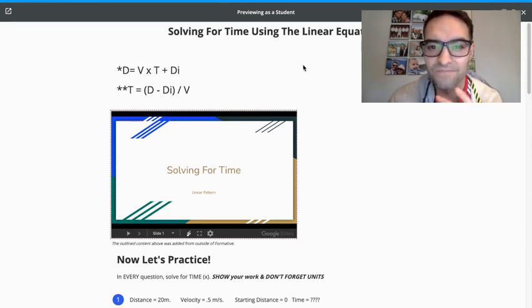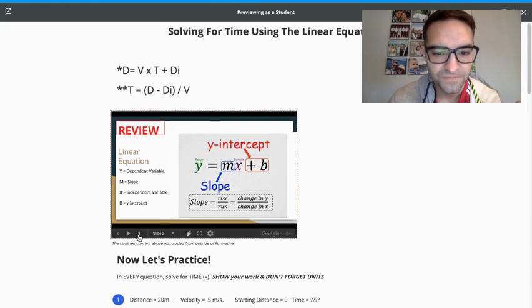Going back to what we first started talking about with distance earlier, with constant velocity we can use what's called a linear equation, because the relationship between distance and time is going to be linear. It's going to create a line in our data. And therefore, we can use this.